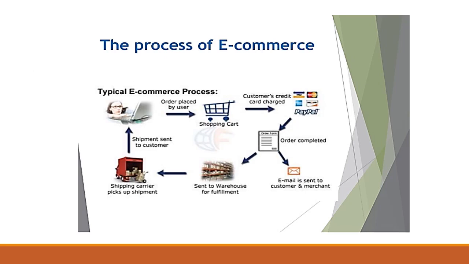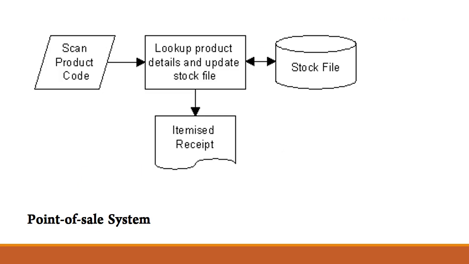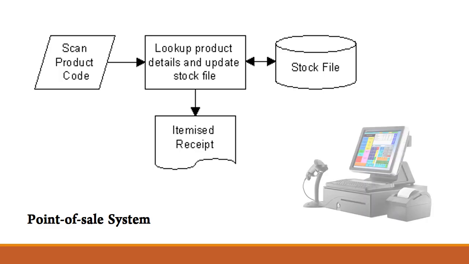Here is an example of the process of an e-commerce. And this is an example of a process of a point-of-sale system. Scan the product code, then look up product details and update the stock file, and lastly, generate an itemized receipt. This is a picture of a point of sale.